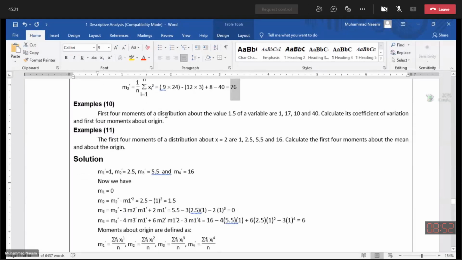Similarly, first 4 moments about a value 1.5. In the previous example, this value is 2. Now in this case, this value is 1.5. And the first 4 moments are given. In the same way, find the first 4 moments. How do we proceed? We will expand the powers of the deviation from 1.5.